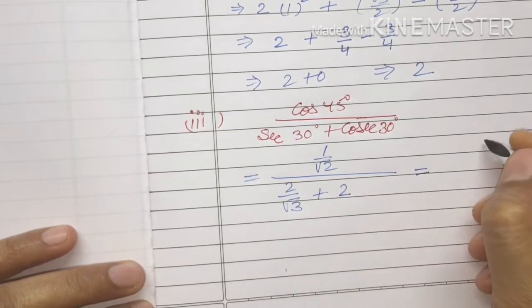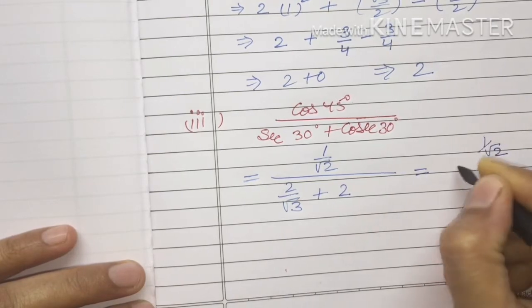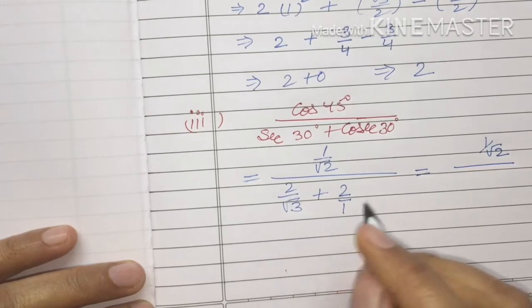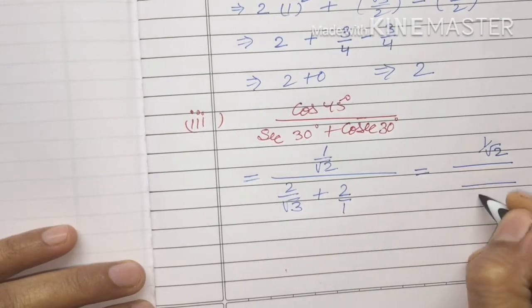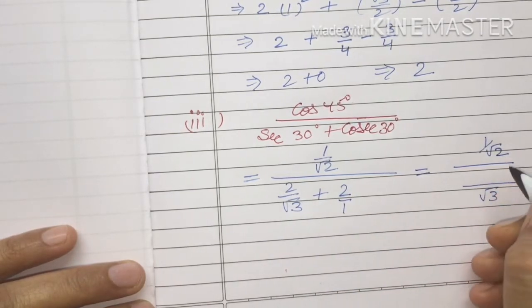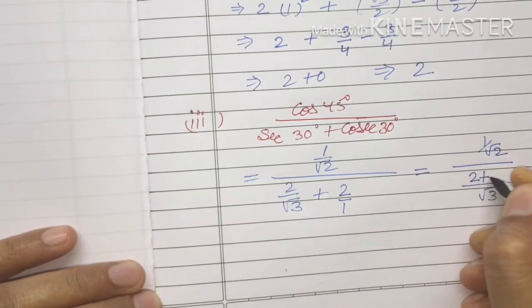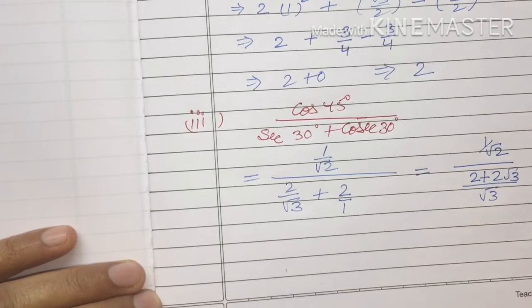So how will we solve? 1 upon root 2 in the numerator, and there is only 2, we can write 2 upon 1. So root 3, and this will be 2 plus 2 root 3.